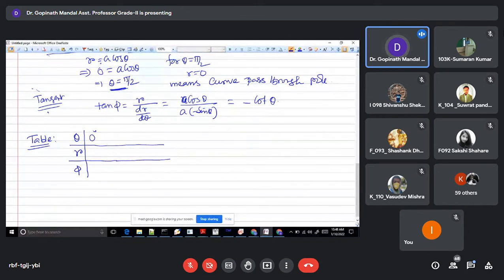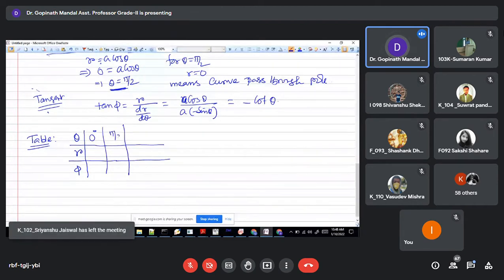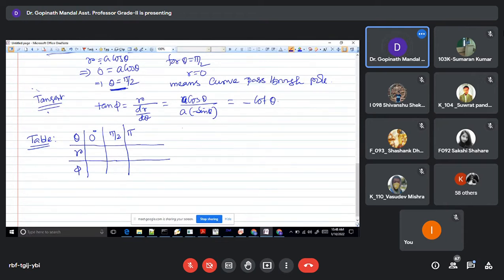For theta equal to 0 degree, theta equal to pi by 2, and theta equal to pi. So for theta equal to 0, r equal to a cos theta, so r will be equal to a.